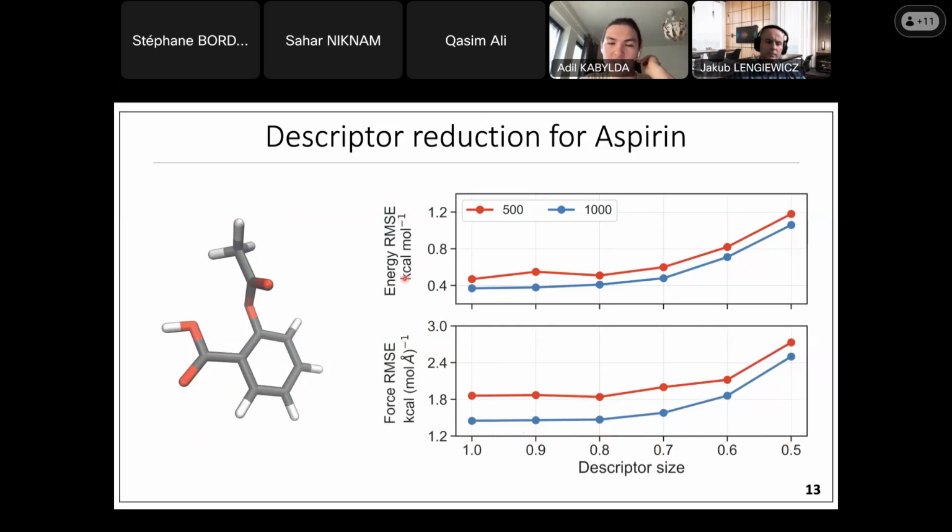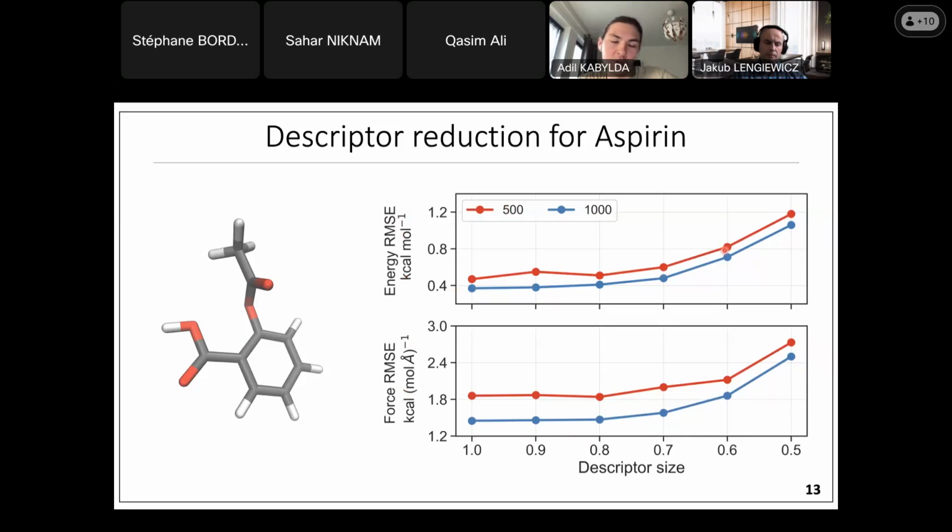And on the y-axis, you have energy and force errors for the models with training sizes 500 and 1000. I only kept 2 for simplicity, but it works for any training size. So what we observed is that when you apply this methodology to a small molecule, your performance is gradually decreasing. So your errors are increasing as you remove more and more features.